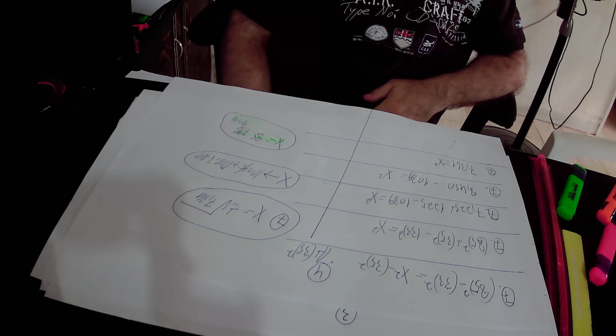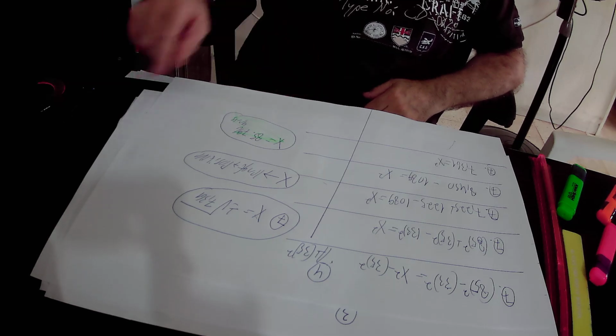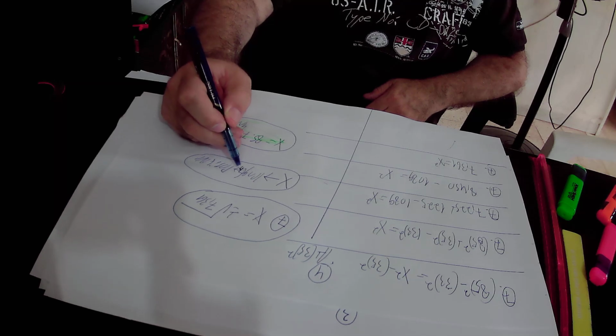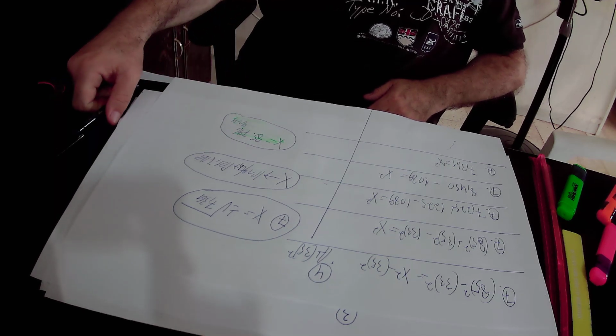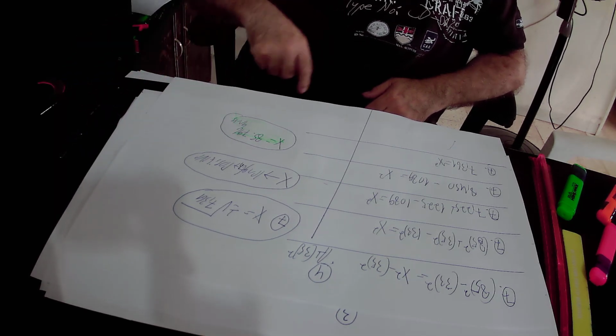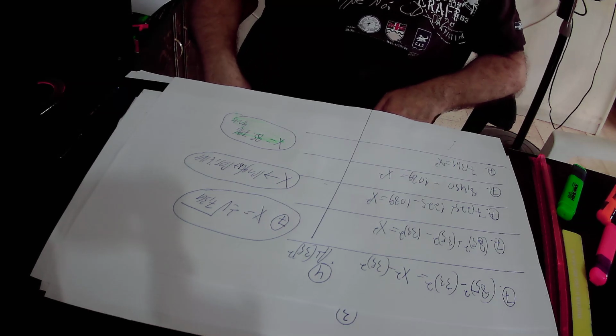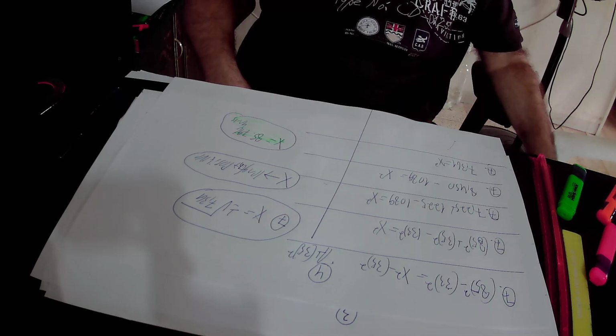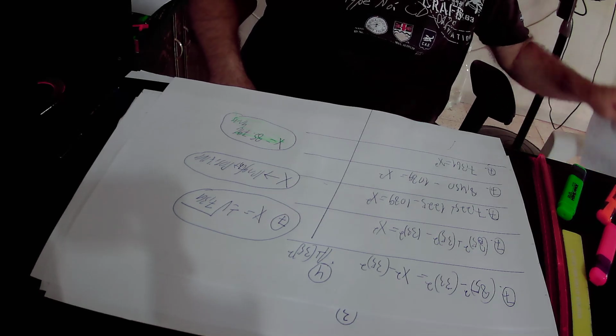But because x is a length, it must be a positive number. So we take into account only the positive answer. That is to say, x equals 85.796 units. Okay, so we finished the first question.